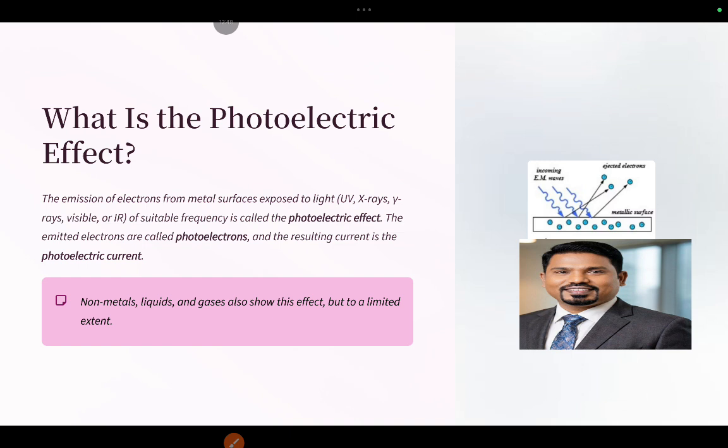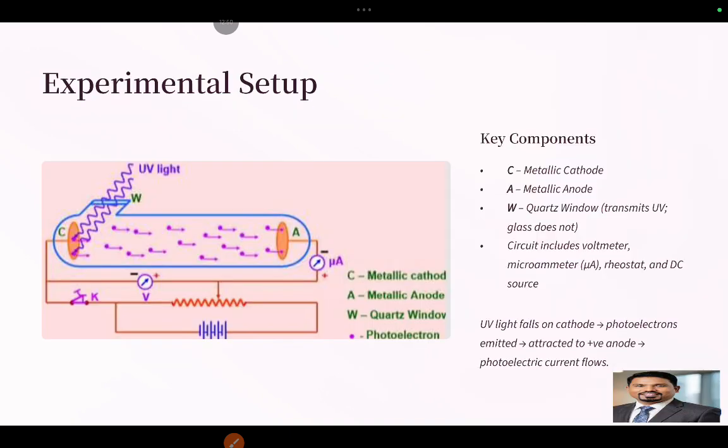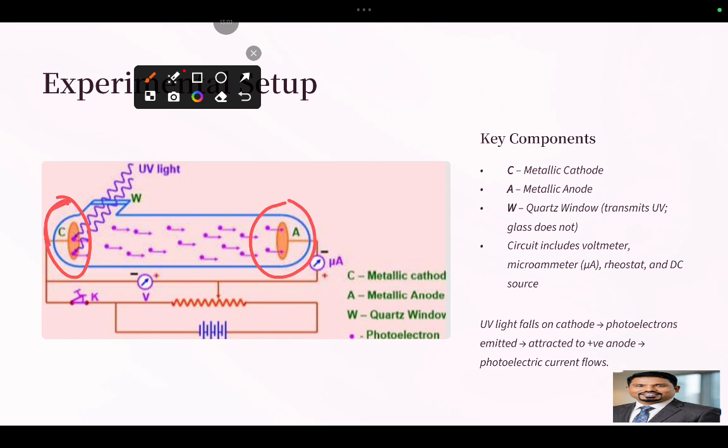Let's see what the experimental setup for the photoelectric effect is. We have two plates, one cathode plate and another anode plate, and both plates are connected to an external source. There is a window, which we call W, and it is helpful for the incoming of UV light.